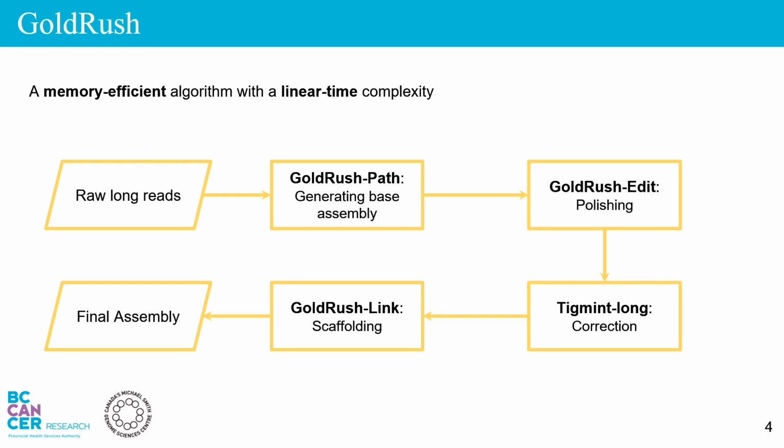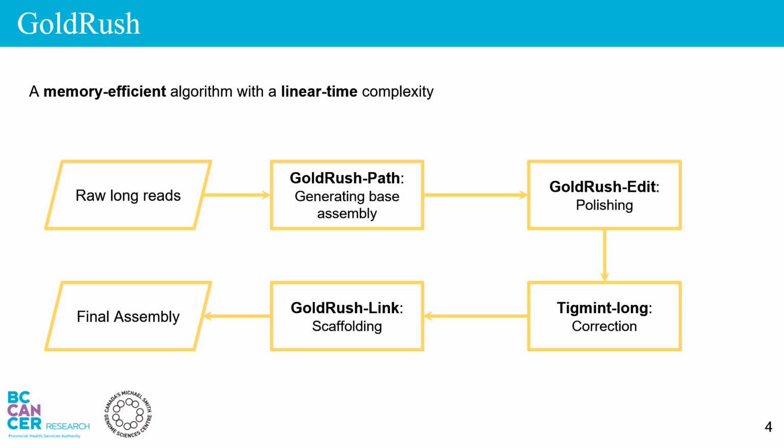Here we present GoldRush, a memory-efficient algorithm with a linear time complexity. GoldRush consists of 4 stages: GoldRush-Path, GoldRush-Edit, Tigment-Long, and GoldRush-Link. The raw long reads are first processed by GoldRush-Path to generate a base assembly.